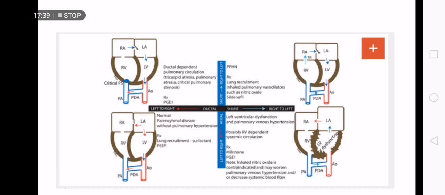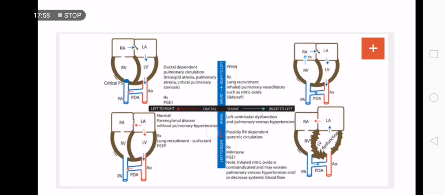This causes left to right shunting across the PFO, but with the aortic pressure being low due to LV dysfunction, we have right to left shunting across the PDA. So we have an elevated saturation in the upper limbs and decreased saturation in the lower limbs.